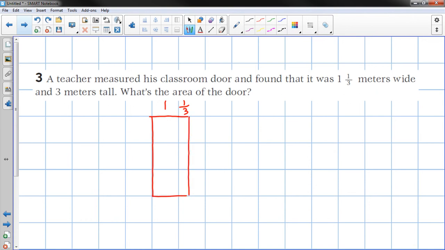Graph paper is really good for this. 3 meters. And then I can visualize the pieces that make up the entire area of the door.